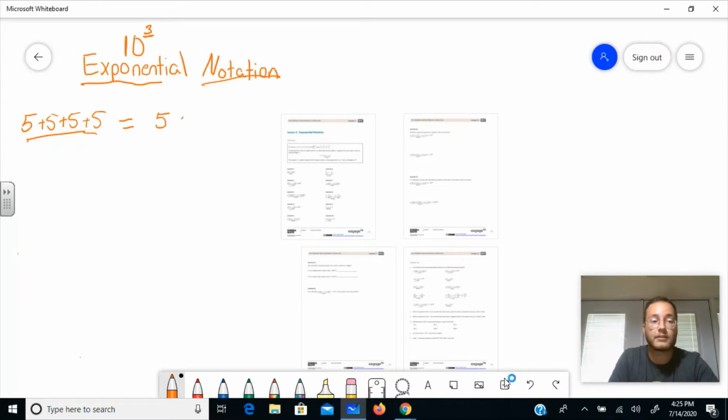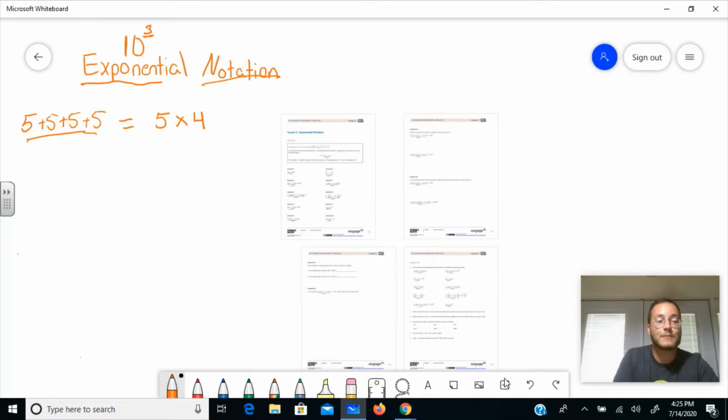So 5 times a total of 4 copies of 5. So 5 times 4 is 20, or 5 plus 5 plus 5 plus 5 is 20. They give you the same answer, but they write them in a different notation when you go from repeated addition to multiplication. The same thing happens whenever you go into exponential notation.